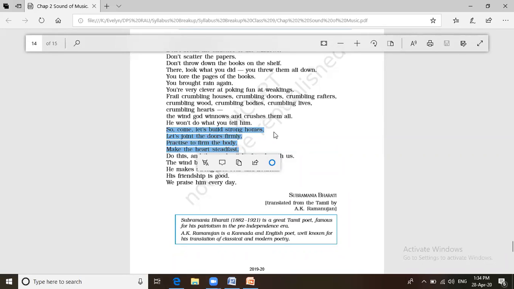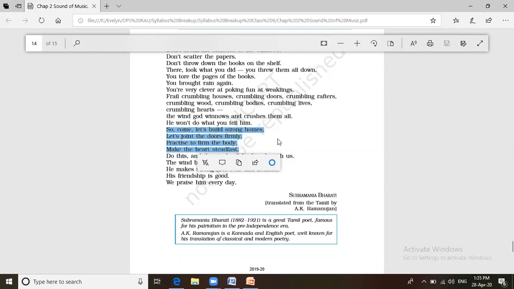That means he's talking about the bonding. And ma'am, I don't know the meaning of the third line, and the fourth line means that we should be ready for whatever the wind would do, or we should be motivated by others also. We should be together.